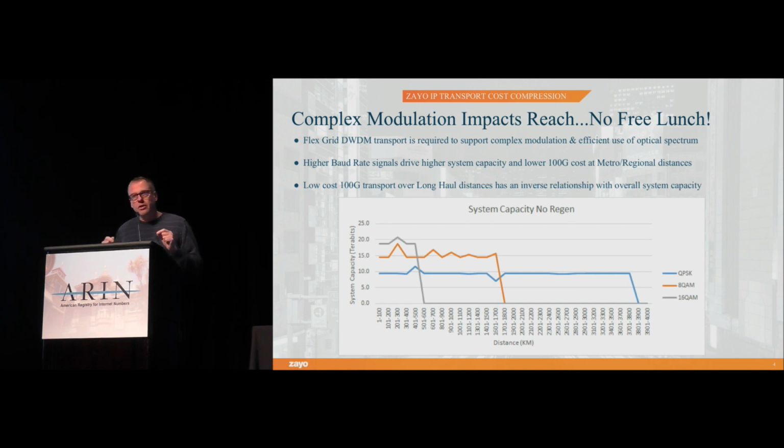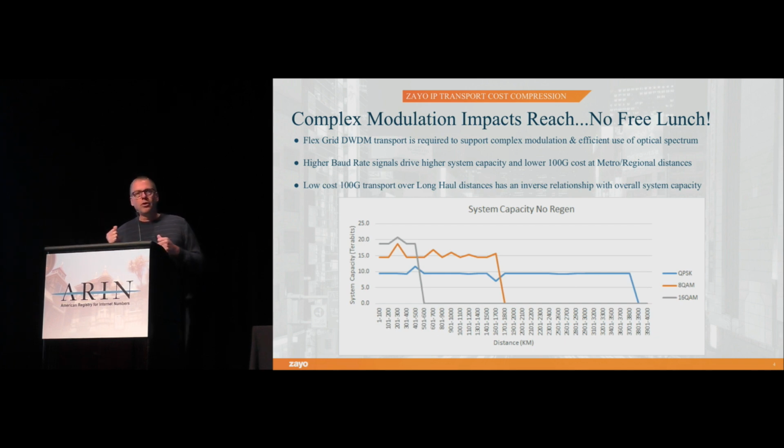The interesting thing about these higher modulation schemes is that it's more bandwidth per channel, right? 200 gigabits per channel is twice as much. But the result of that, due to the physics of light, is that you don't send the signal as far. You don't have the same reach.